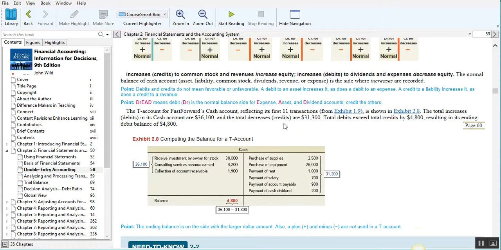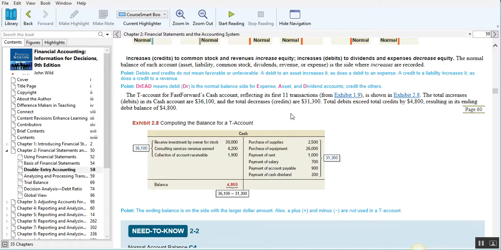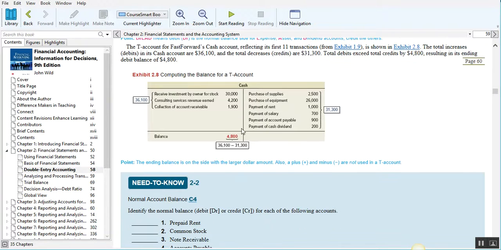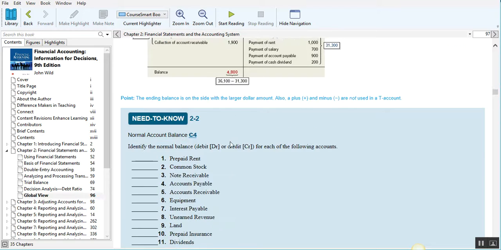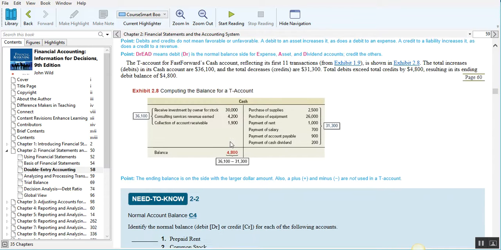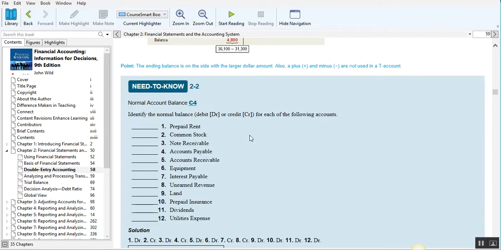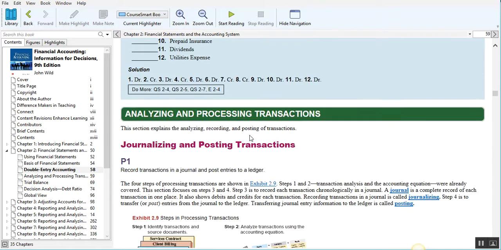And credit is the normal balance for everything else. So they show you how we're doing T accounts, and we've done these in class, but basically you're putting in the transactions and then showing the calculation of the balance, the difference between the debits and credits. For cash, we expect this to always be a debit. If it's not, we've got a problem.